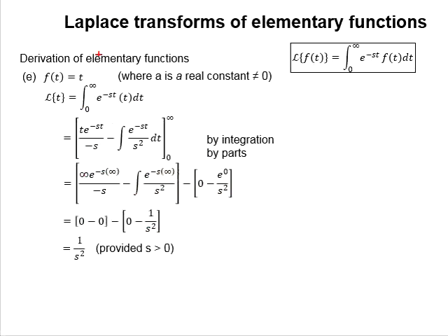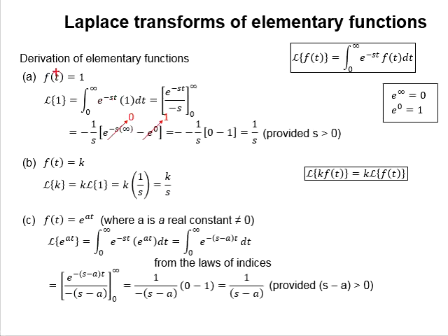Let's say now we use f(t) equals t. The Laplace transform of t will be equal to this when you substitute t into the formula. Integrating it and solving the Laplace transform, your outcome will be this.